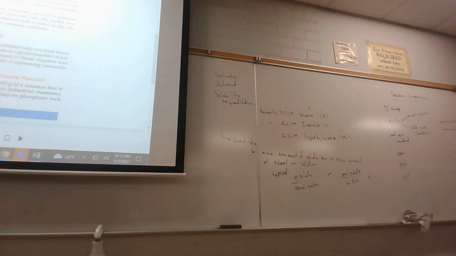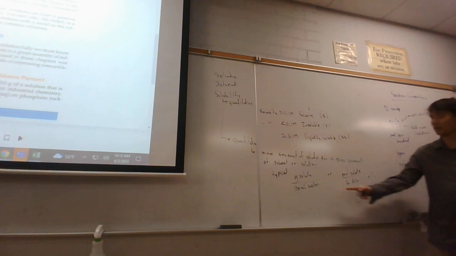Let's say if I had 1 ppm, then that's 1 gram over 1,000,000 grams. This is solute. This is solution. We have to be careful because is it solution or solvent? Sometimes it's solvent, like in this case.